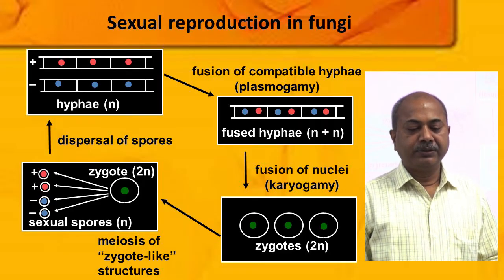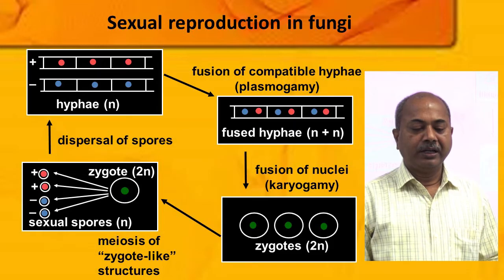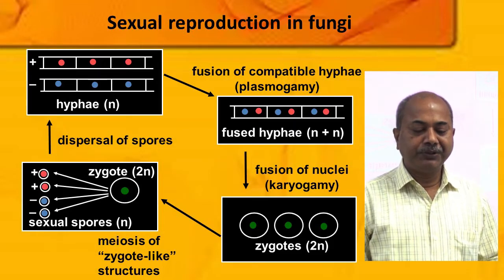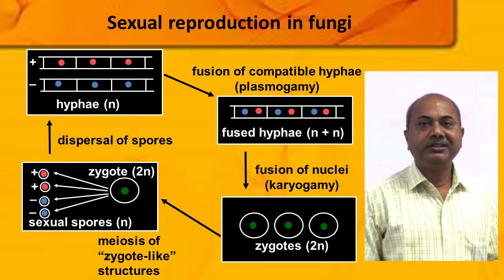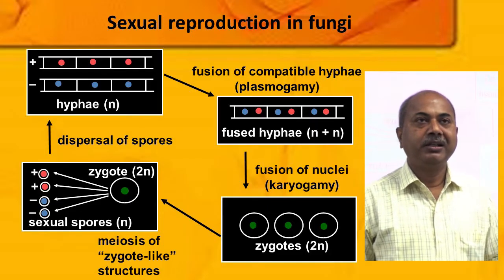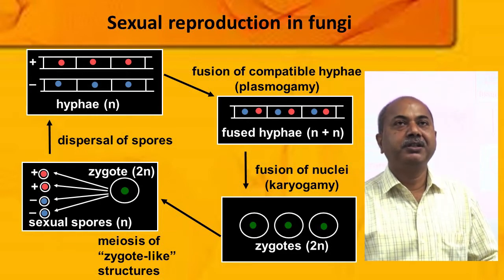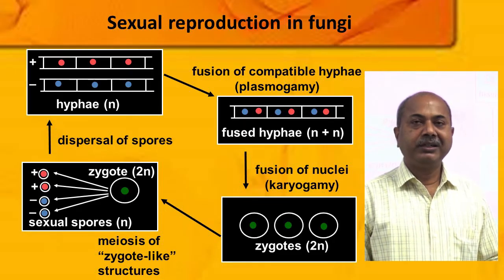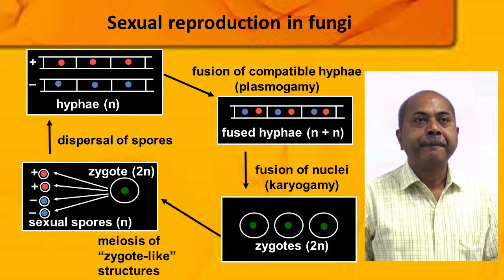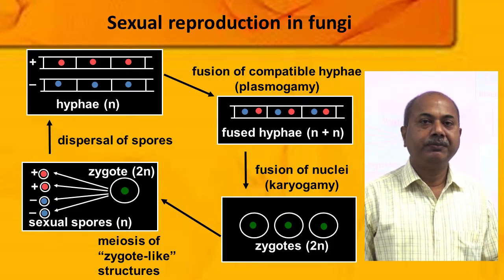Now thereafter, in meiosis what happens? There is reductional division, as you all know, and after the fusion of the nuclei there is meiosis. As a result of the fusion of nuclei, the zygote is formed, and meiosis occurs, and in meiosis the chromosome number is reduced to half in the first division, and then in the other division the 2 cells become 4.